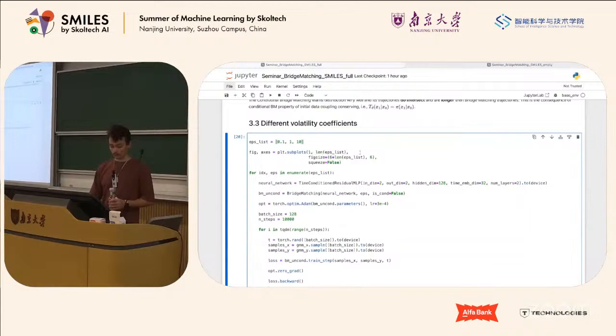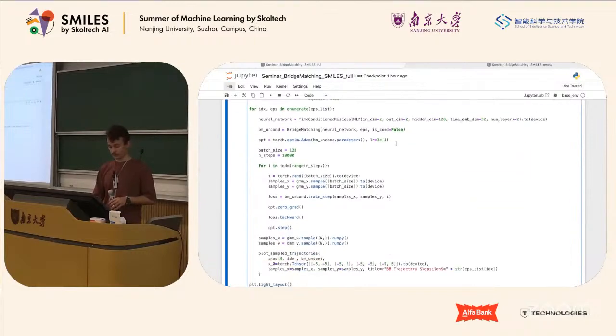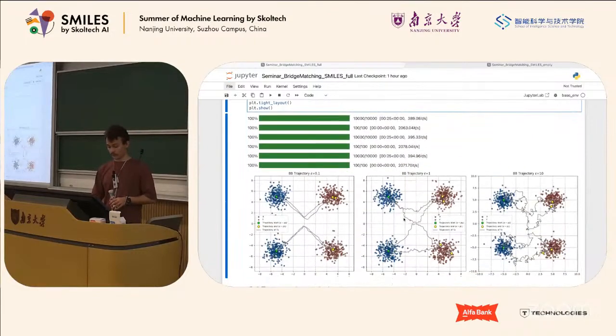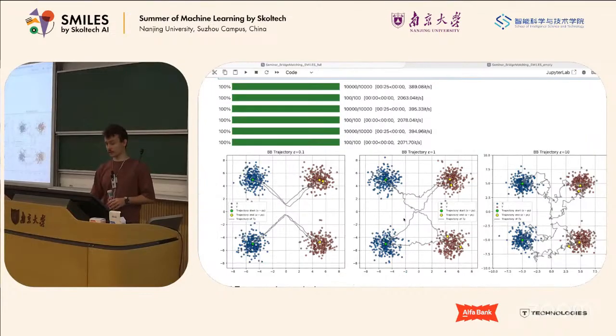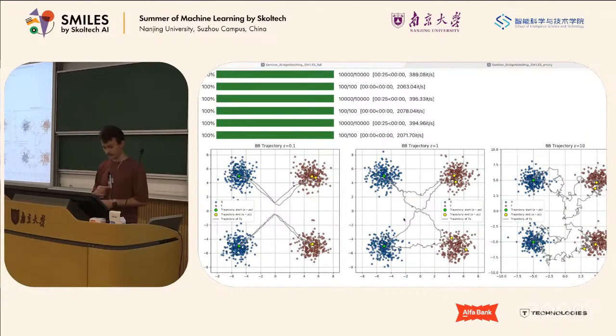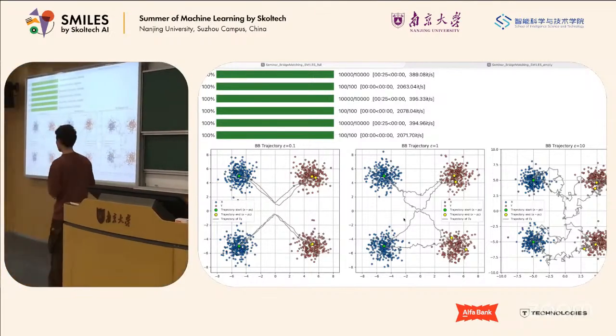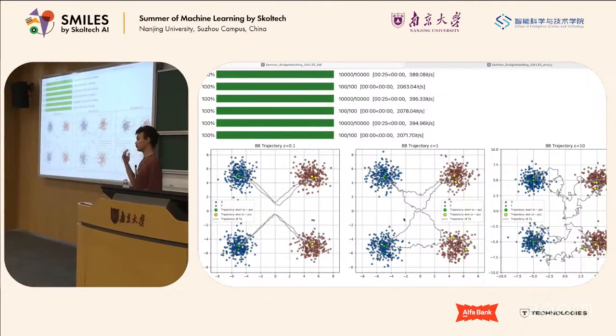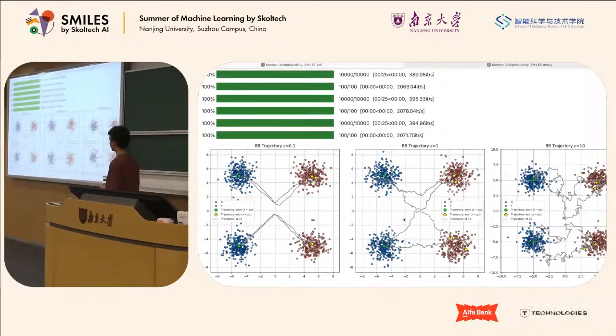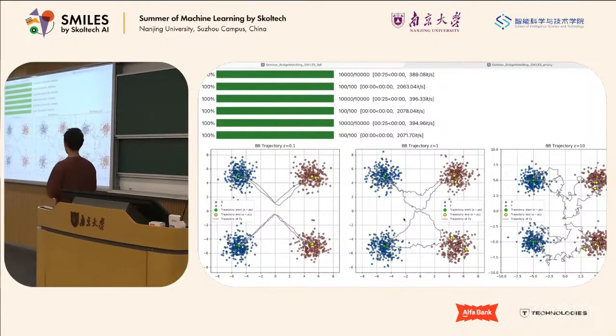Also, I have here one more plot, which shows different bridge matching models for different volatility coefficients. In this particular case, it is just the unconditional bridge matching model trained with three different volatility coefficients.